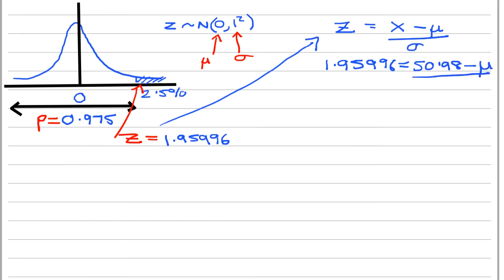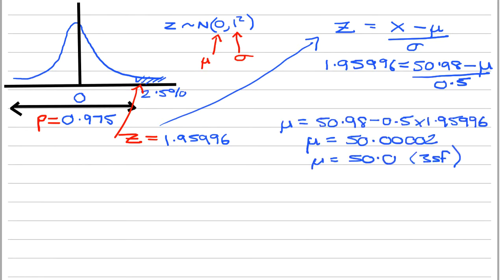And that's all over sigma, and our sigma is 0.5. If we rearrange that equation, we get mu on its own. So mu equals 50.98 minus 0.5 times 1.95996. When we work that out, it comes to 50.00002, and then I've rounded that to 50.0 to 3 significant figures.